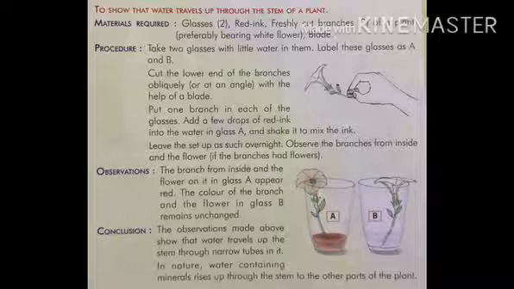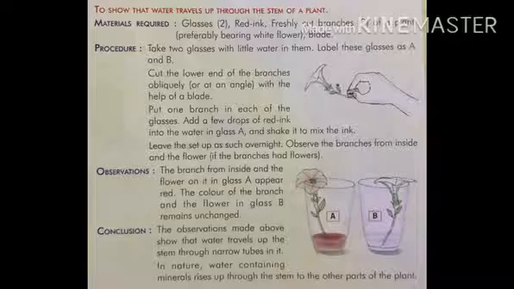Now the observation: the branch from inside and the flower on it in glass A appear red. You know why it is red? Because the color of the branch and the flower in glass B remain unchanged. So what is the reason the flower in glass A looks red?